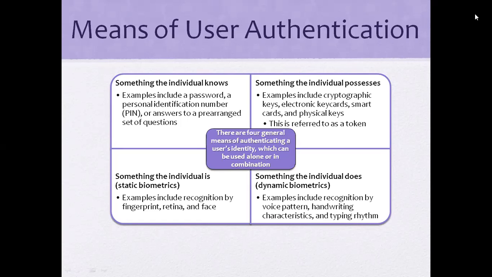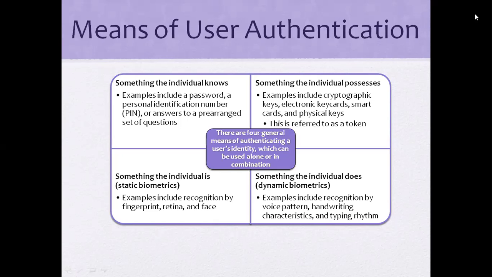Next is something the individual possesses. Examples include cryptographic keys, electronic key cards, smart cards, and physical keys. This is referred to as a token. The third scenario is something the individual is: static biometrics. Examples include recognition of fingerprint, retina, and face.